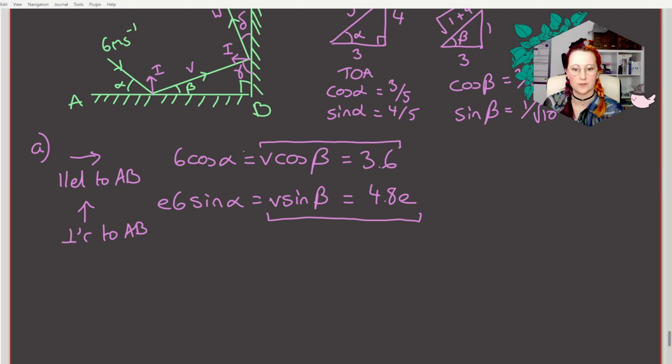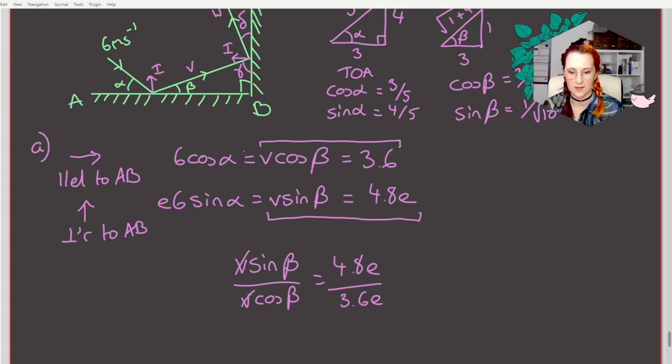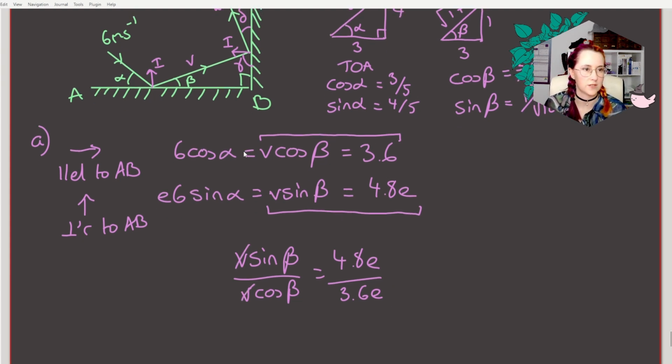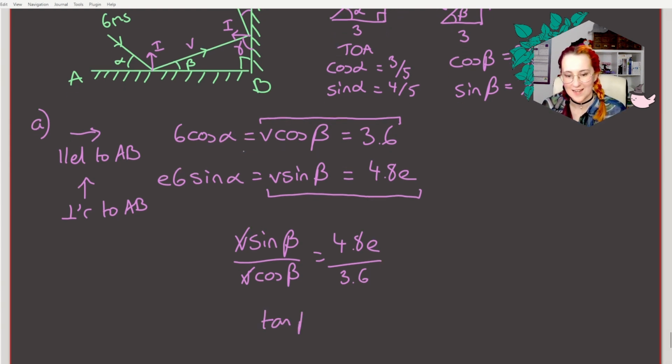So now we have V sine beta over V cos beta is 4.8 E over 3.6 E. Cancel through the V's, and that gives us, no E on that one, whoops. That gives us that tan beta is 4.8 divided by 3.6, which is something.